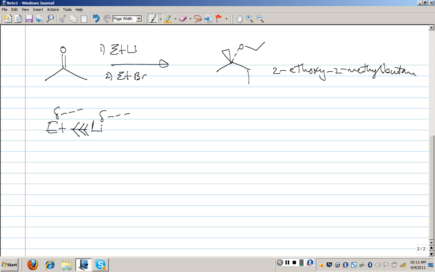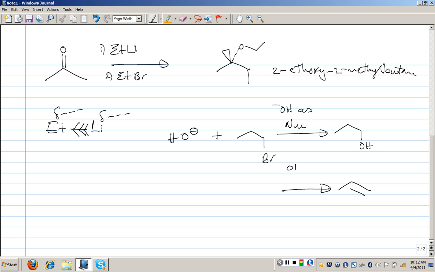Now, we talked about that in class today. If I have hydroxide attacking, say, this compound, and the hydroxide gets incorporated into the molecule, it's acting as a nucleophile, OH minus as nucleophile. On the other hand, if the hydroxide is not incorporated in the molecule and I end up with a pi bond, then hydroxide is functioning as a base.